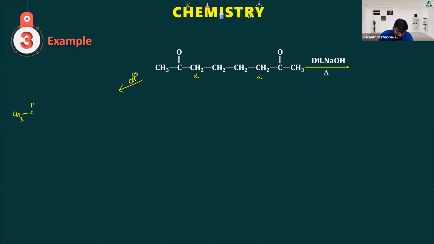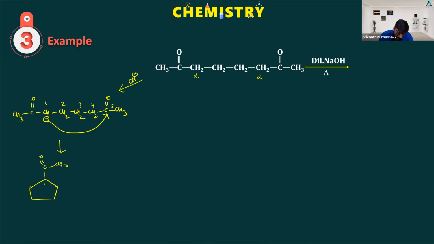So CH3, C double bond O, CH minus, CH2, CH2, CH2, C double bond O, CH3. This negatively charged carbon is now going to attack this particular carbon. What happens in that case? You get a 5-membered ring. This is 1, 2, 3, 4, 5. On the first position, you have C double bond O, CH3.